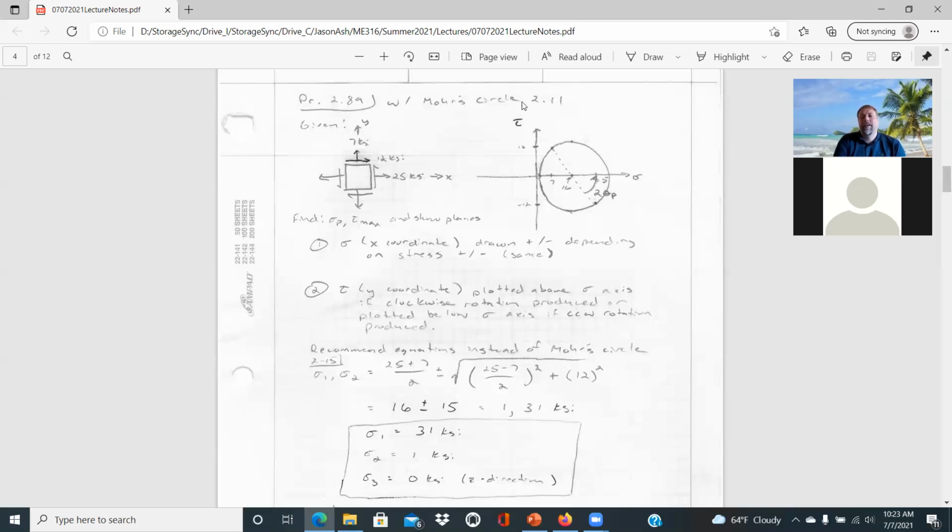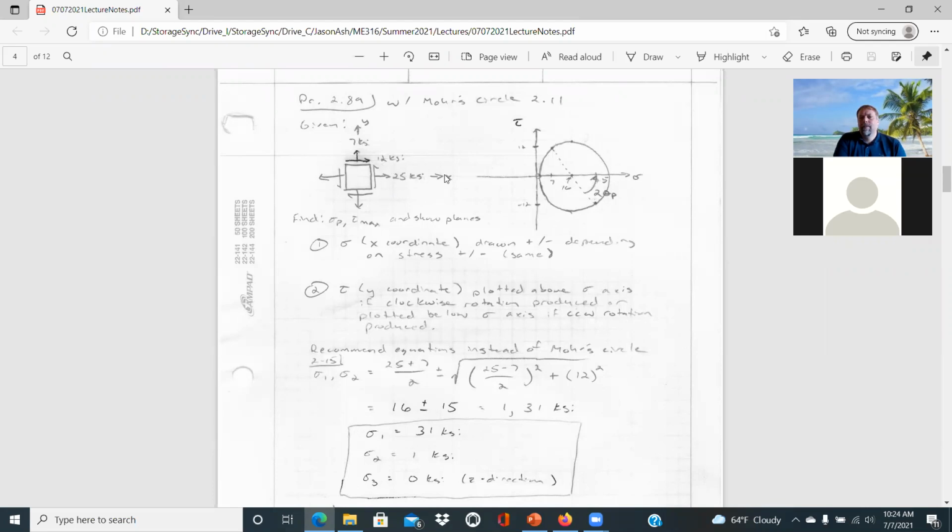And so if we just define tau positive going up and then have a system to define whether it's plotted above or below, then it'll reduce that ambiguity on what to do with the sigma y 7 KSI, if that's plotted above or below type of deal. Because if we look at both of these, they're both a positive 12 KSI.